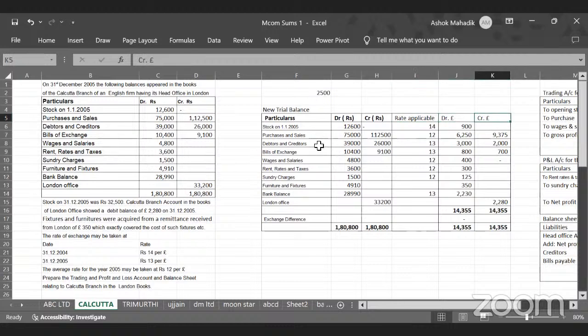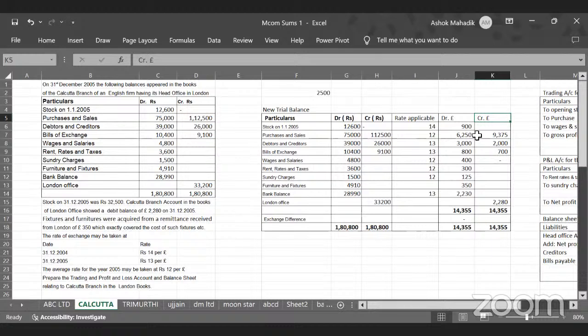We just discussed which rate to be applied to which items. You can see furniture fixture 350 pounds directly given, London office value 2280 directly given. Then we need to close the last two columns and find the difference.